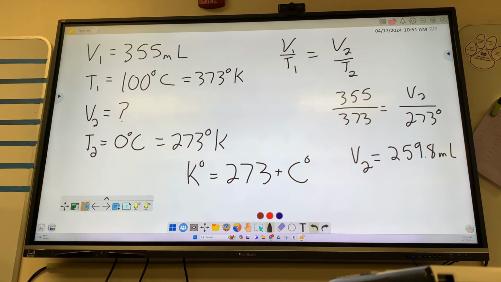Sure. I agree with you. I think it definitely shrank by at least 100 mils, if not more. We're assuming 100 and 0. Those numbers might have been slightly different. We didn't measure those with a thermometer or anything else.